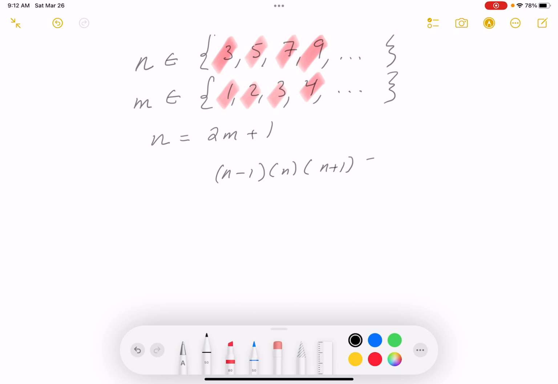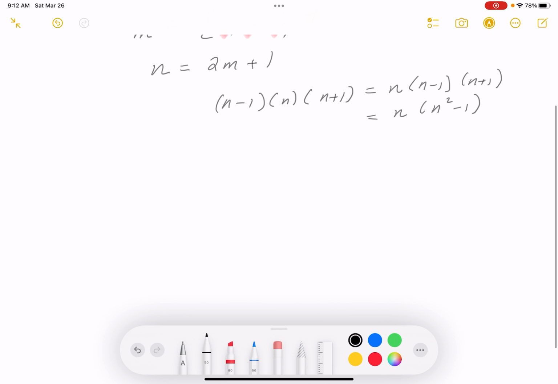I'm going to write this a little bit differently, as n times n minus 1 times n plus 1, or n times the quantity n squared minus 1. So it's really the same meaning: that is divisible by 24, they say.